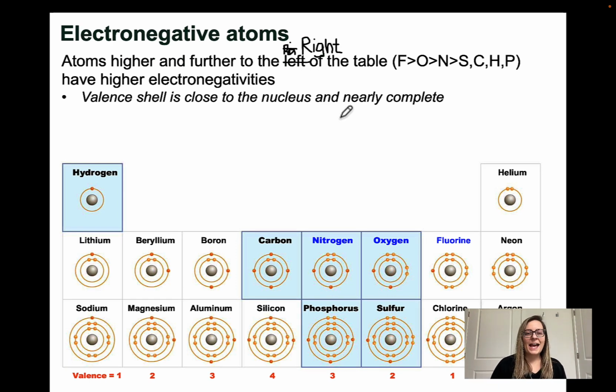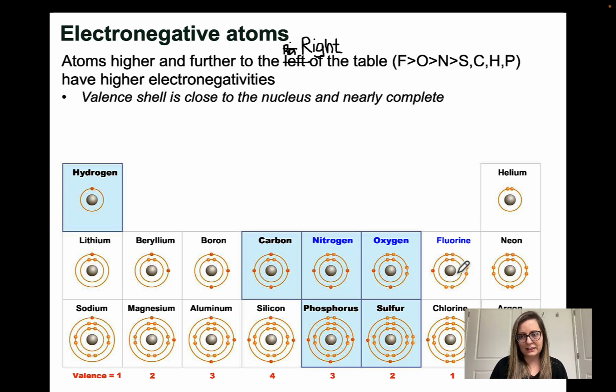Atoms that are higher and further to the right of the periodic table, so up in this area, will have higher electronegativities. And that's because their valence shell is close to the nucleus.